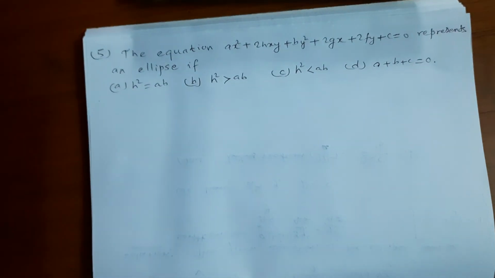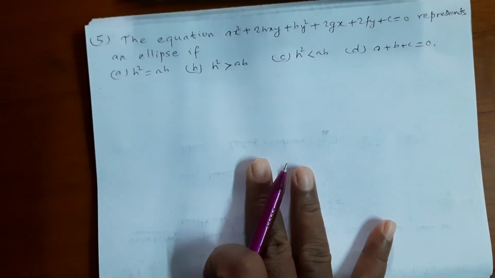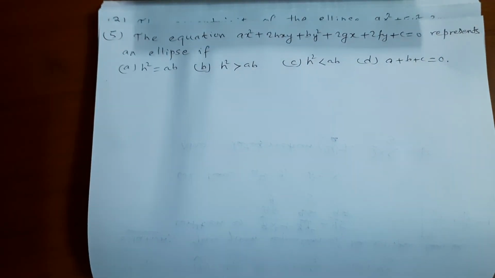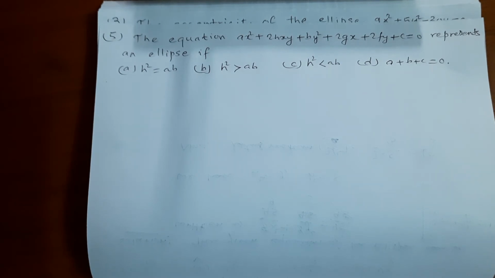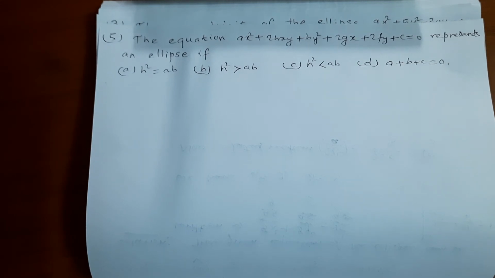Here we have a general equation of second degree, and we have to write the condition for the general equation of second degree to represent an ellipse.